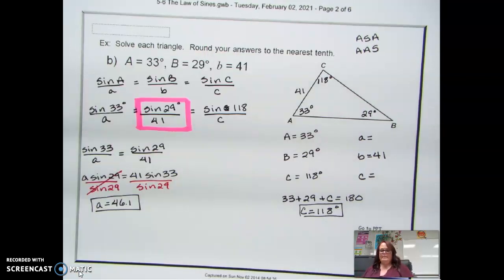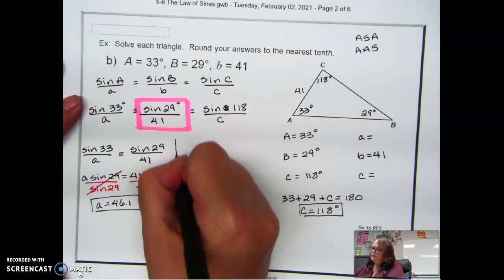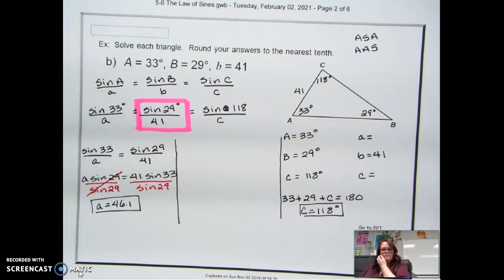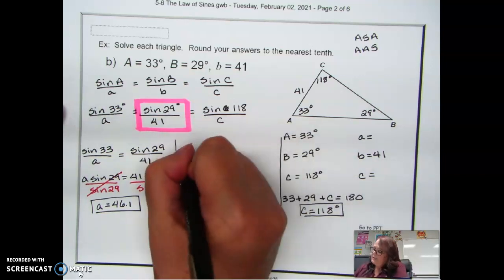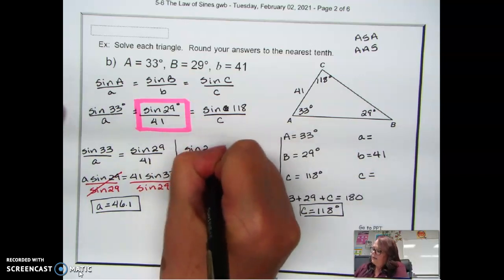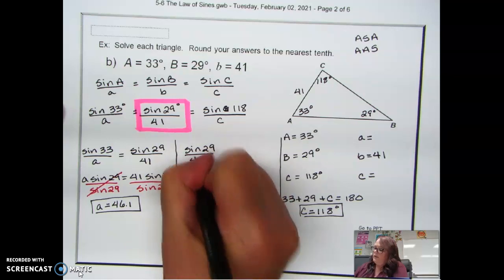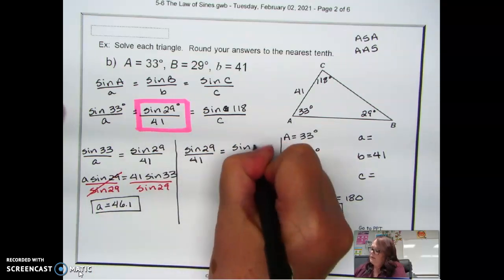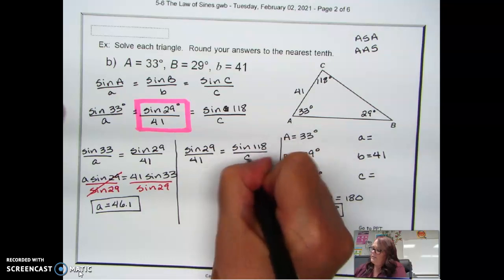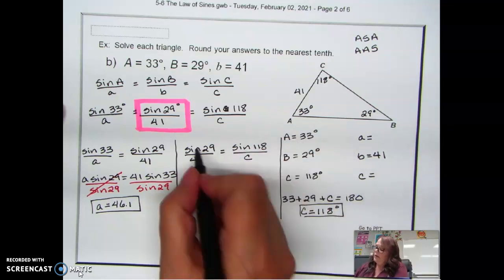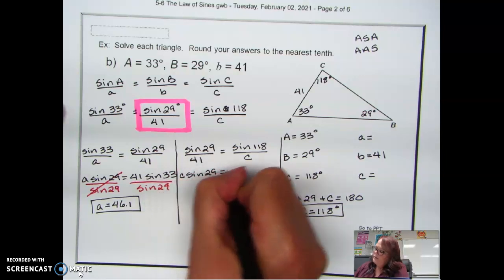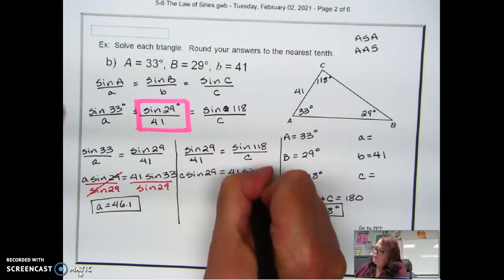Okay. So see if you can find little c. So we're going to say that the sine of 29 over 41, the one that we know, is now equal to the sine of 118 over c. So if we cross multiply, I have c times the sine of 29 is equal to 41 times the sine of 118.